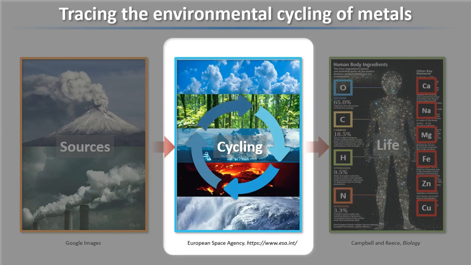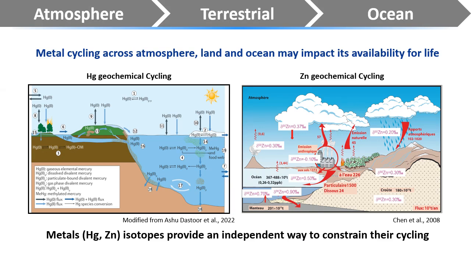So next up is a brief view of cycling. As far as cycling is concerned, one of the main issues on a global scale is the flux movement between, for example, atmosphere, terrestrial, and ocean environments. So metal isotopes, for example here, mercury and zinc, can provide an independent way to constrain their cycling.